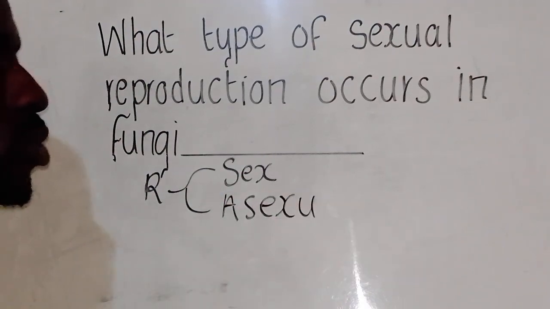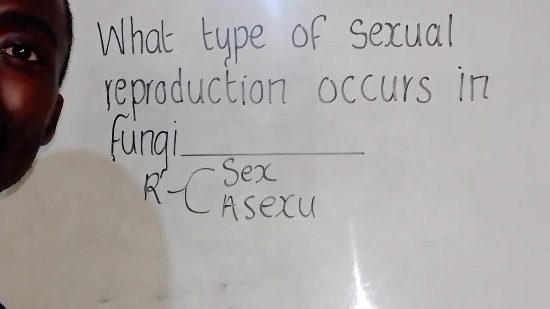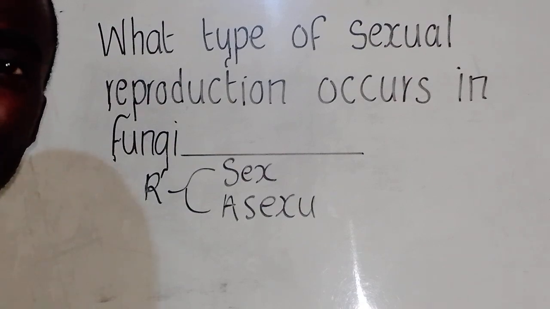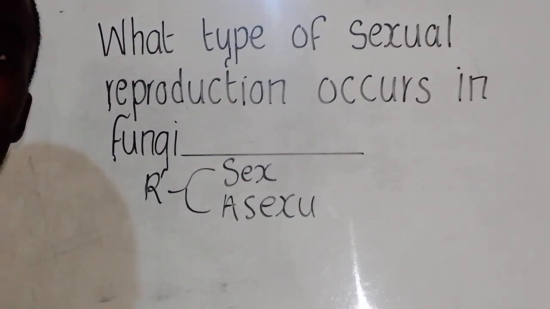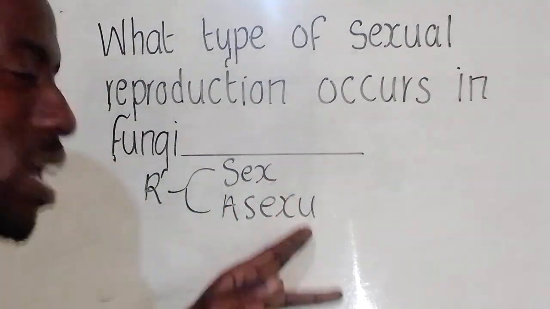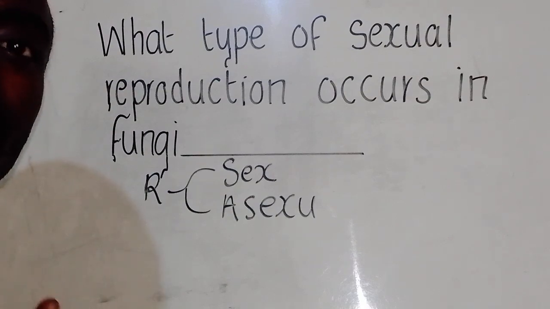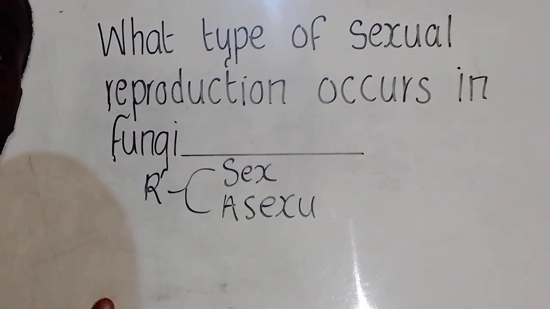Now you need to understand something, that in a fungi, for example, we may talk about a mushroom, a rhizopus, a mold, and so on. In these examples of a fungi, they may undergo sexual or asexual. In a case where spores are formed, spores are acting as seeds here.